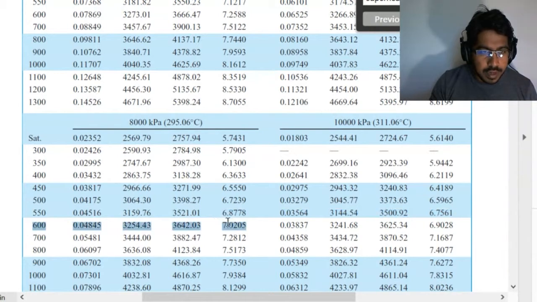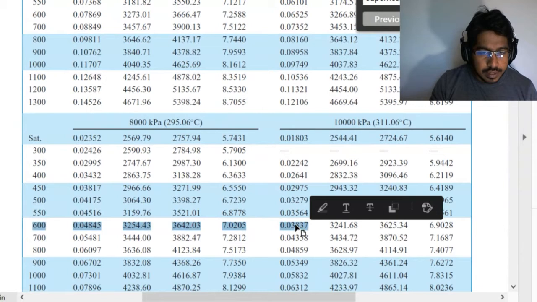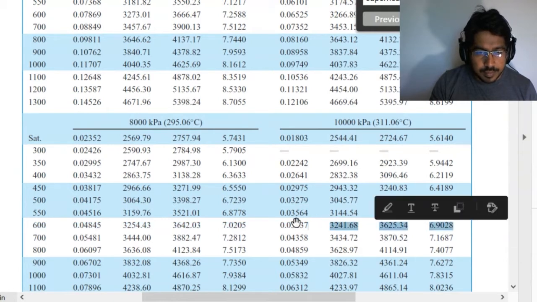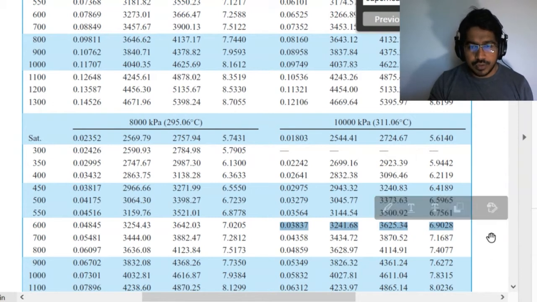We go past the 8,000 mark because we don't want the properties for 8,000, and from here onwards we see the properties for our interested state. Are we all clear about that one? Any issues so far?